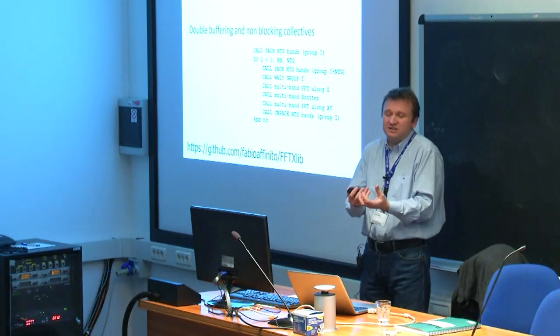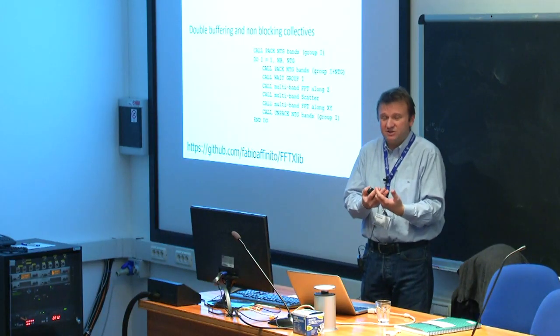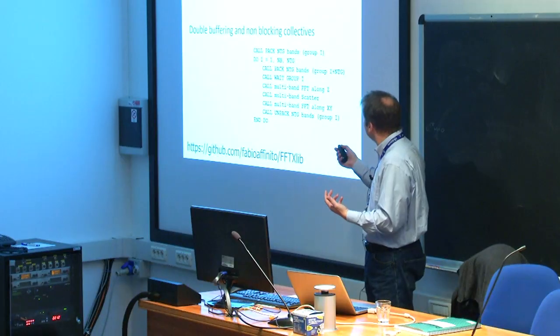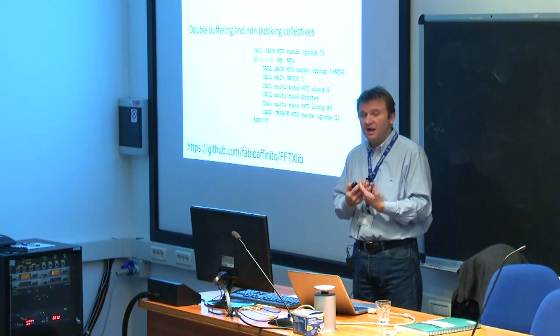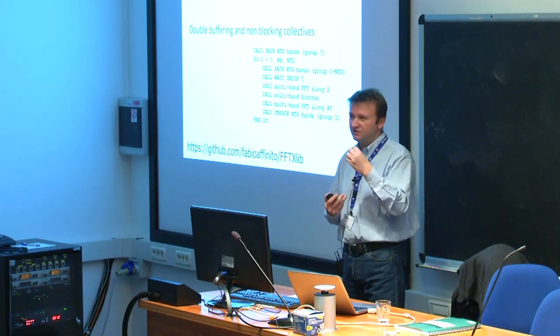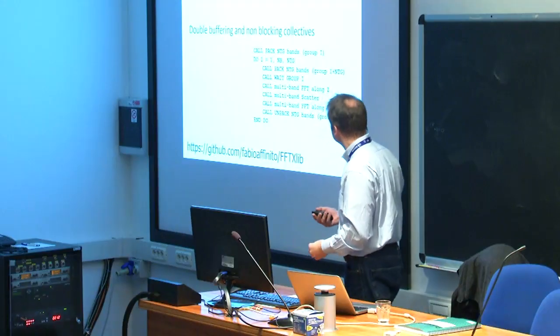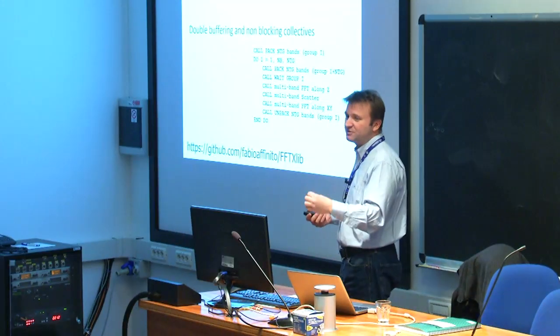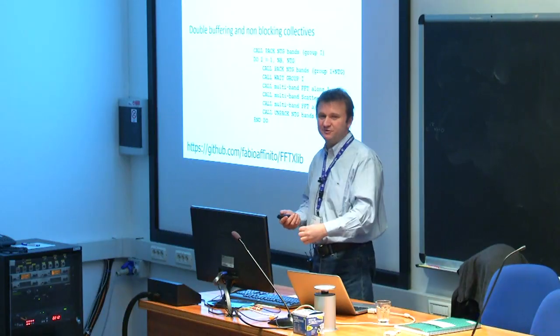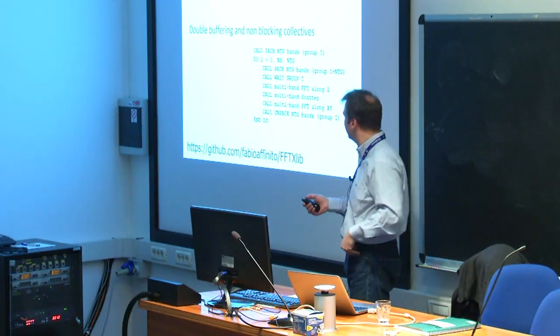I don't know the topology of your machine, because each network has its own topology. But playing with this number allows you to adapt the locality of the computation and of the communication to your specific architecture. So if you are a Quantum Espresso user, play with this figure, because it may have a huge effect in terms of performance.